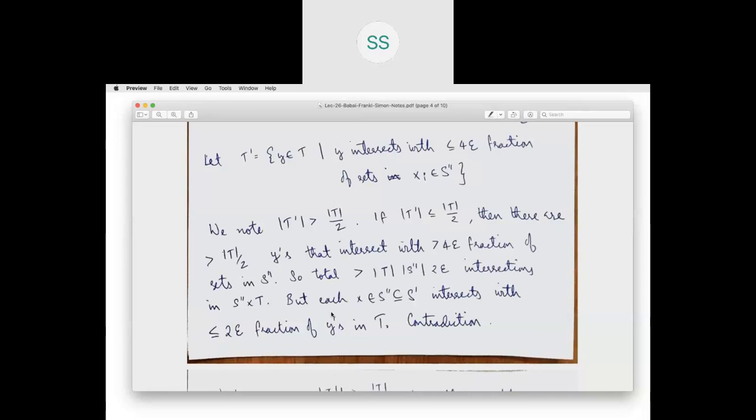So the total fraction of zeros also must be at most T times S double prime times 2 epsilon. But so this is a contradiction. And so it follows that the size of T prime is at least T by 2.